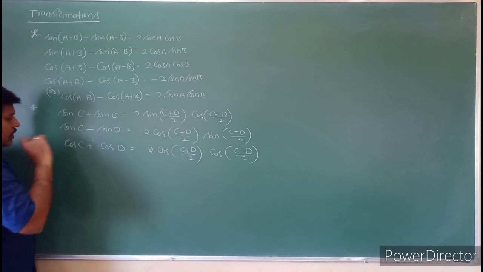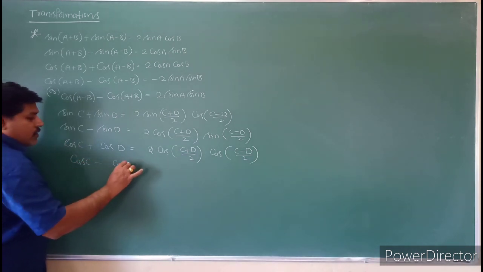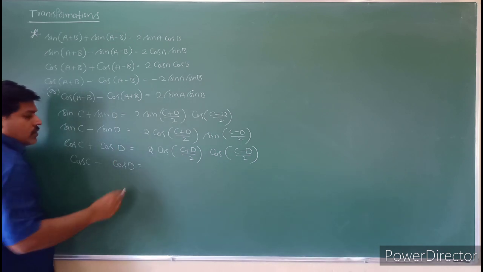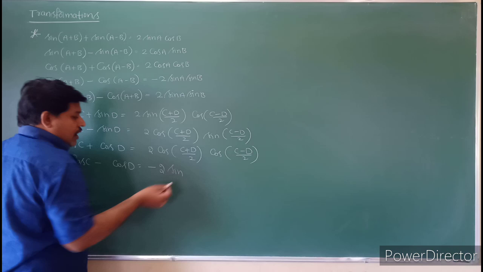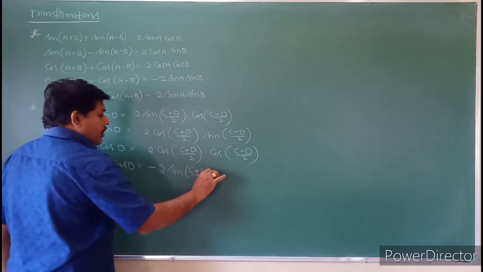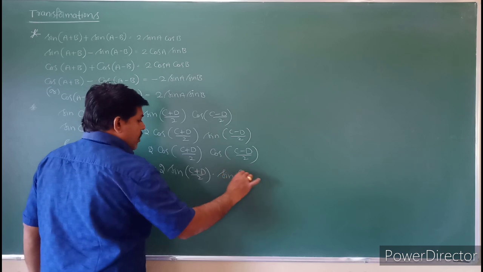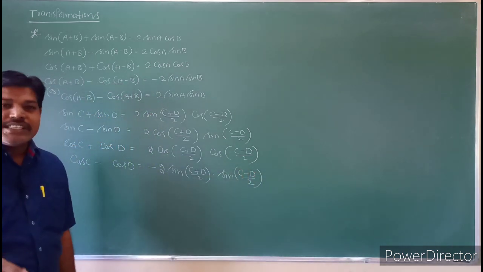And also see this: cos c - cos d is nothing but minus 2 sin((c+d)/2) sin((c-d)/2).